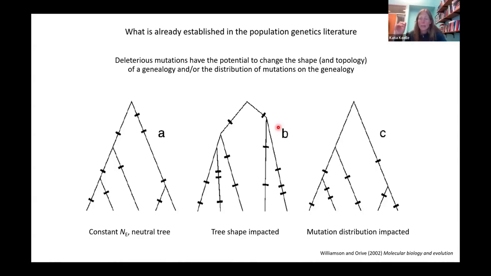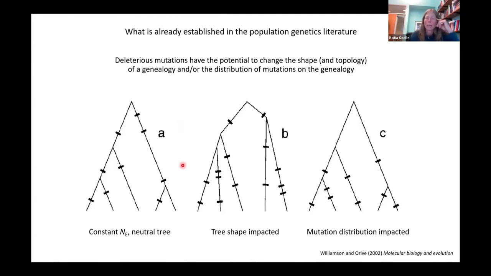I first want to point out, I really love this Williamson and Orr paper. What they point out is that if we have a neutral tree, as depicted here, with constant effective population size, and here we see the mutations distributed across that tree, then deleterious mutations and incomplete purifying selection could impact the tree in two different ways.